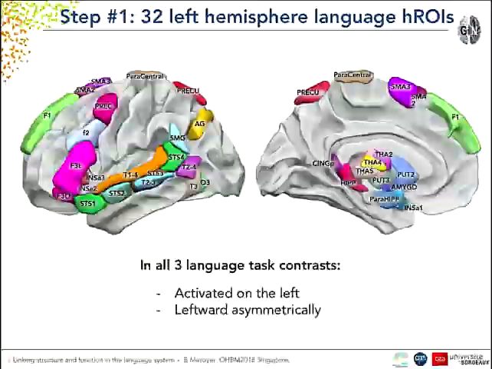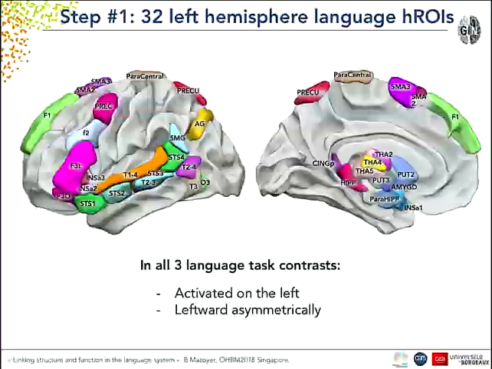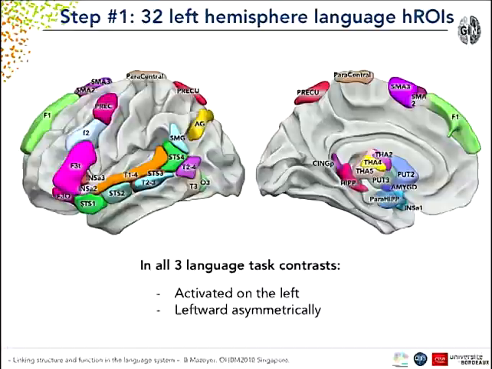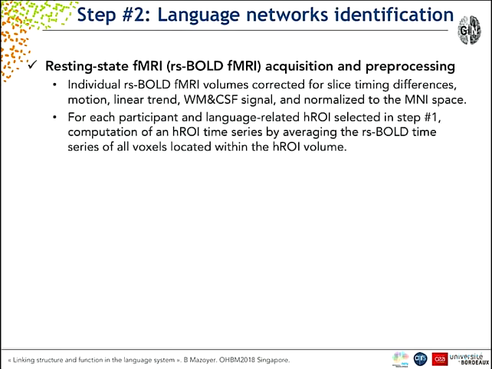The second step is now, this is still a view of language areas, can we extract networks out of this? So to do this, we use the resting state activity. We will, first of all, extract for each participant the profile of resting state activity in these areas. So we use all voxels, and for each subject, we average the resting state activity.